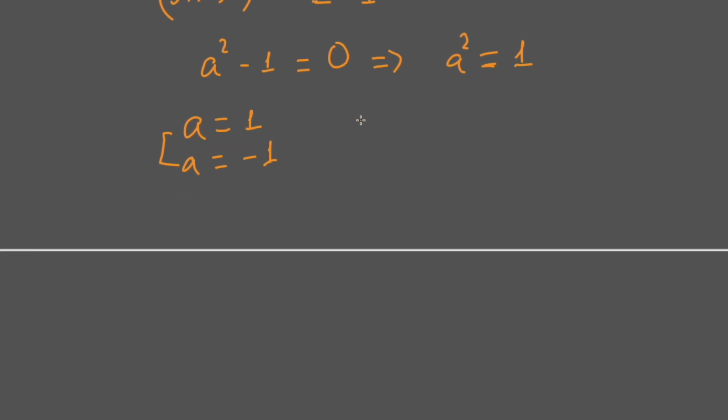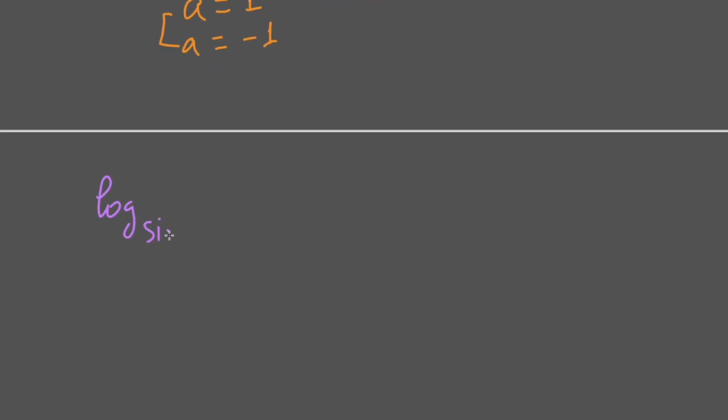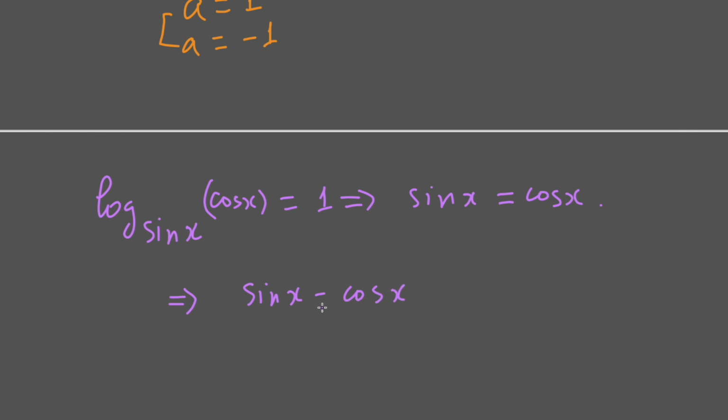And we replace it back into the equation. For a equal to 1, we have log base sin x of cos x equal to 1. Then we have sin x equal to cos x. This is a very basic equation. We already know that this is equal to sin x minus cos x equal to 0.